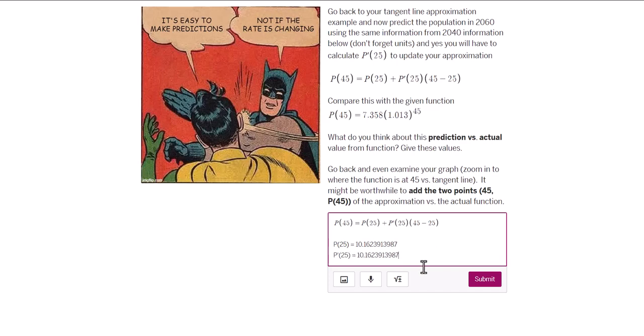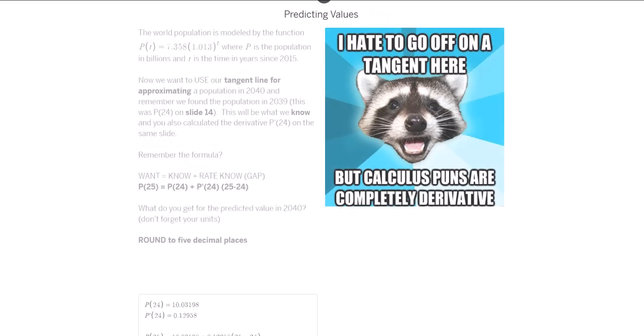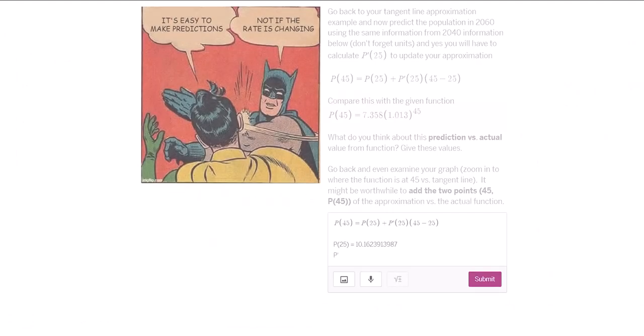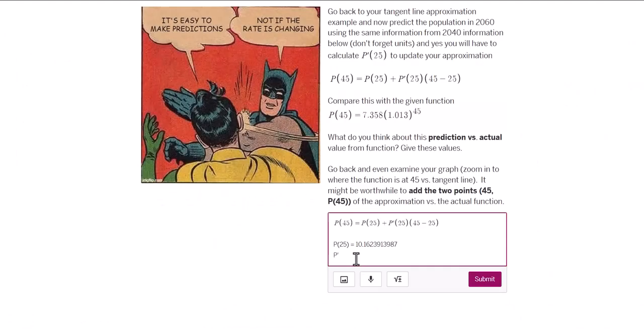Apparently it didn't copy, so I have to go all the way back to those slides. This value, 0.131259, 132, just in case it didn't copy. There we go. All right, so you have everything you need here.